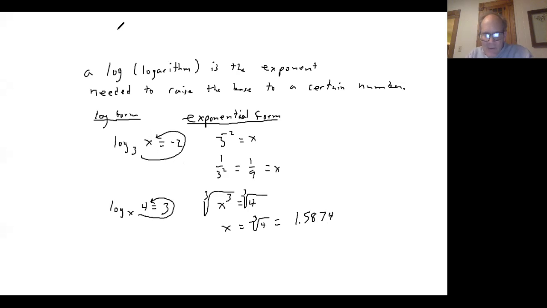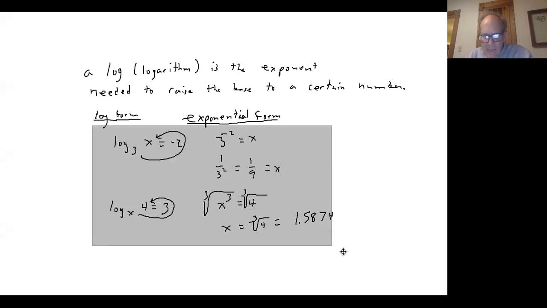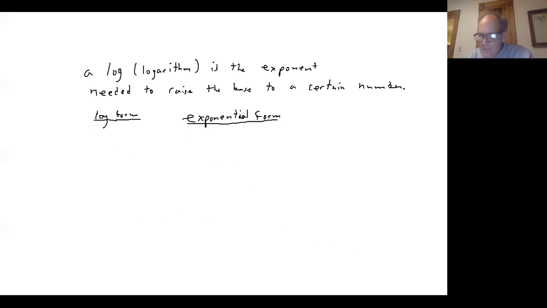Let's do a couple others before we quit. What if I had, say, the log base 8 of 4 equals x?